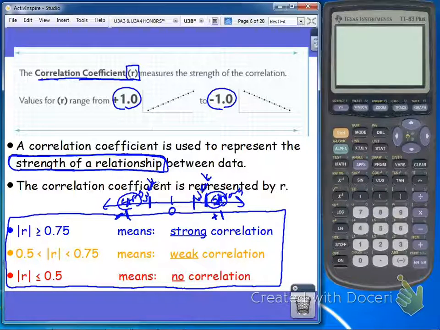Between -1 and +1, from 1 to 0.75, it's strong, and then 0.75 to 0.5, it's weak. And then anywhere below 0.5, there's no correlation. We'll look at more examples of that in just a moment.